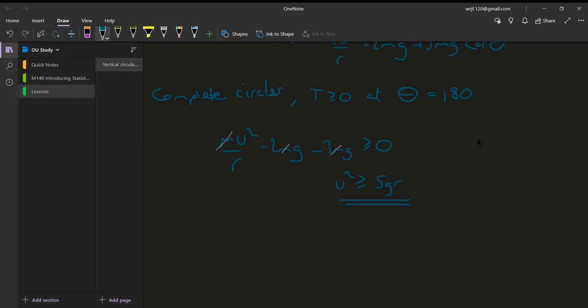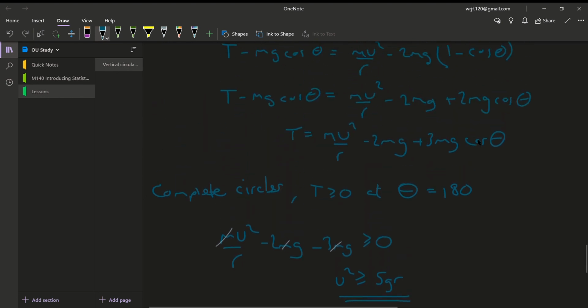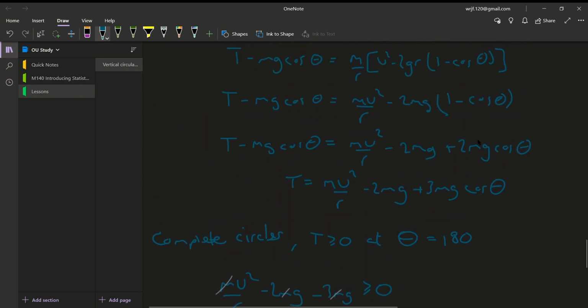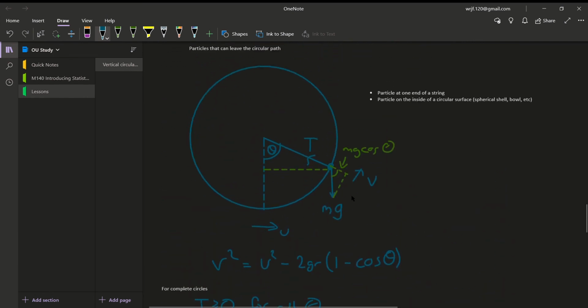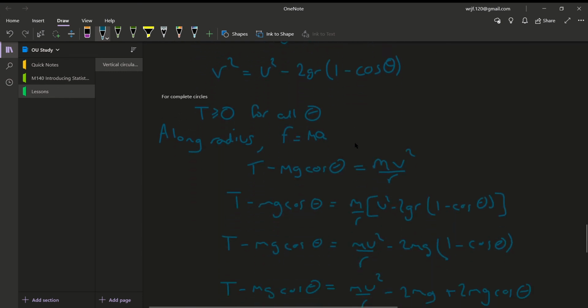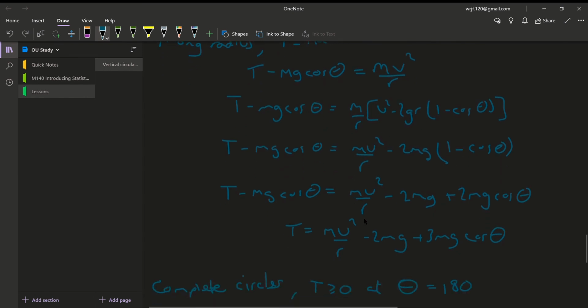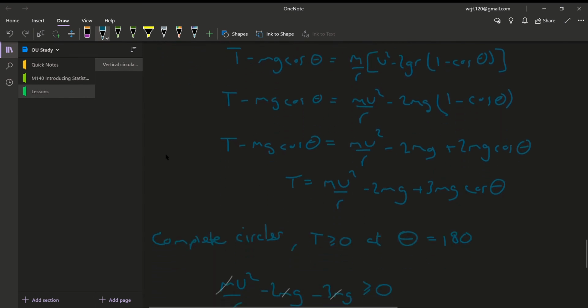Incidentally, this also gives us a way of finding out where the particle, in that sort of case where it rises above the horizontal with the centre of the circle, comes up into the upper half of the circle and then falls inside. All we need to do to adjust our method for those situations is to take this general expression for T here.